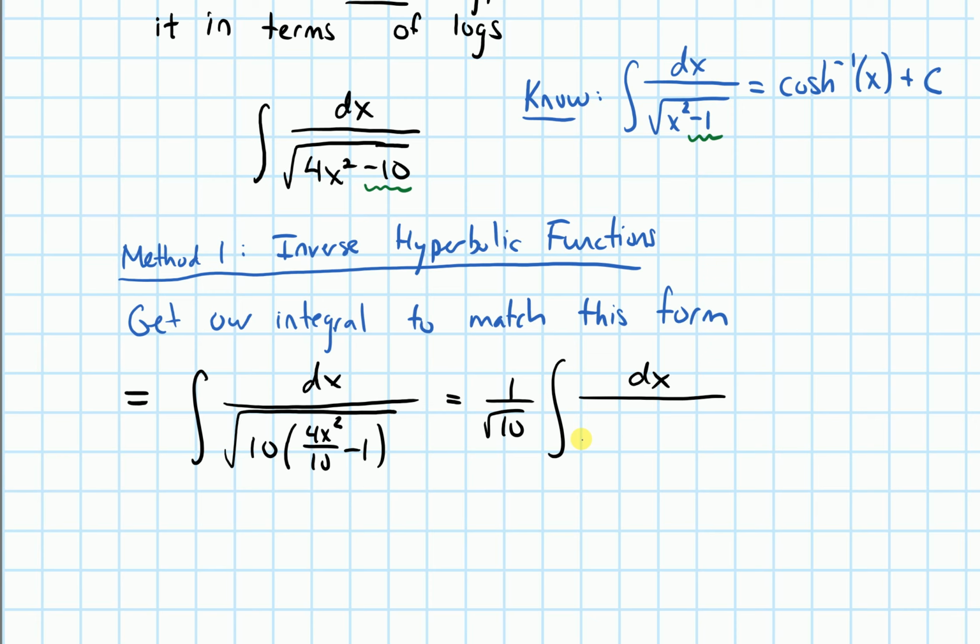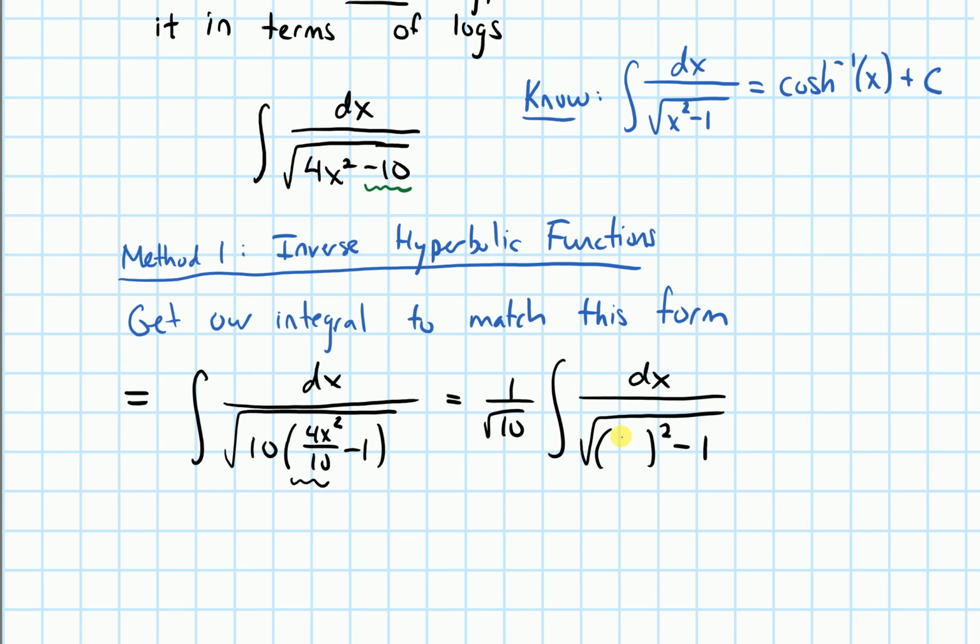On the denominator, I really want to write this first term as something squared, so it matches up with the fact that I have something squared over here. And then we have the minus 1 after that. Well, what squared equals 4x squared over 10?